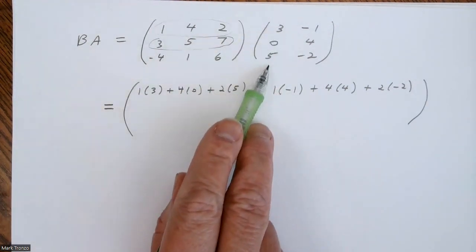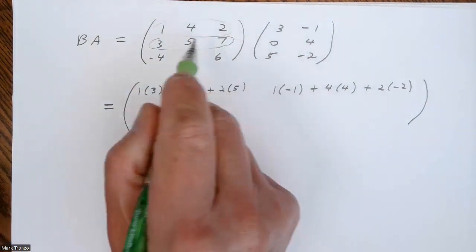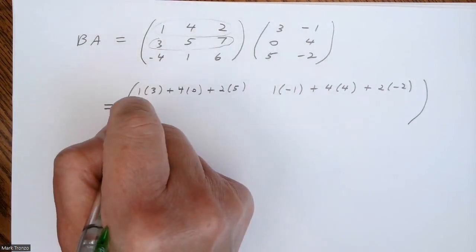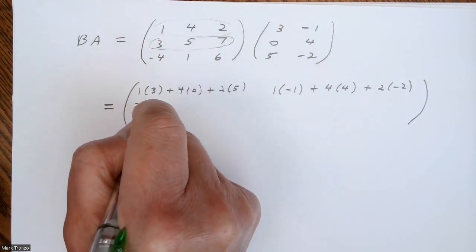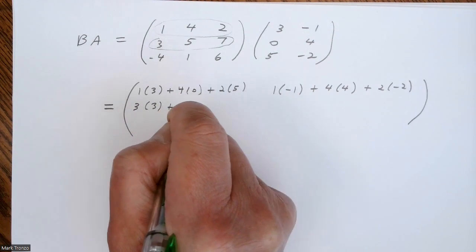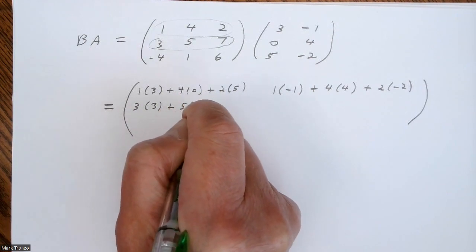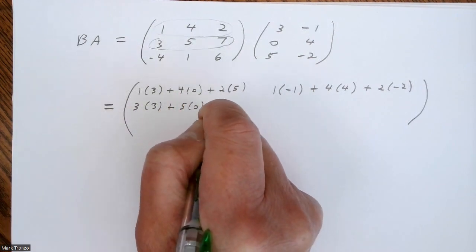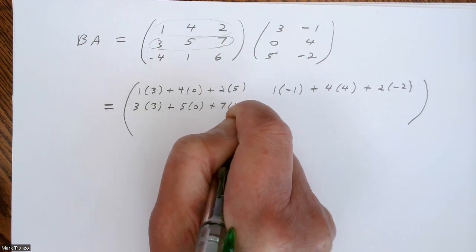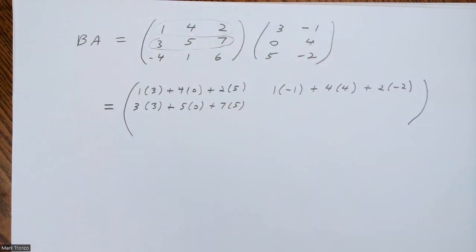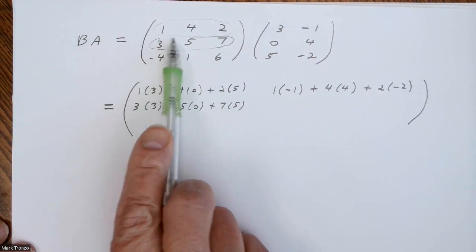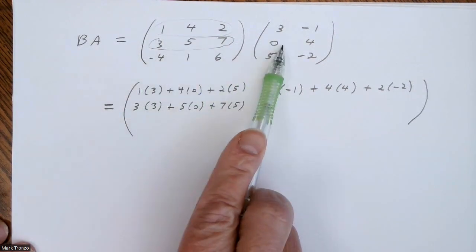Go back to the first column. Second row times first column: 3 times 3, 5 times 0, 7 times 5. Again, I just multiplied each of these.